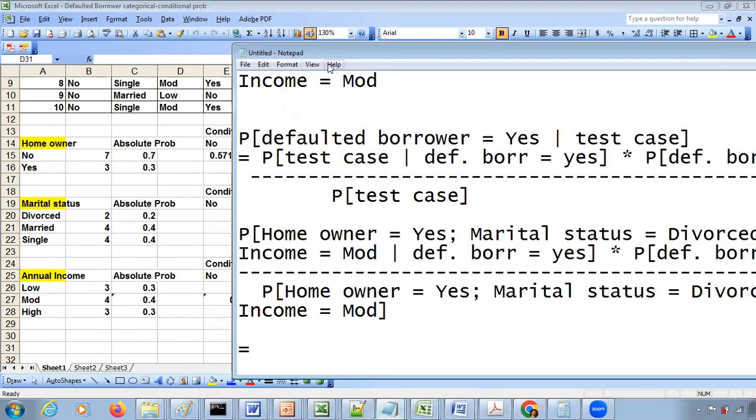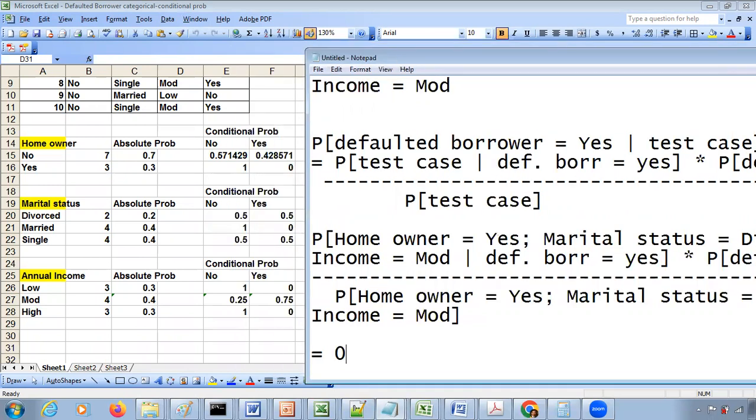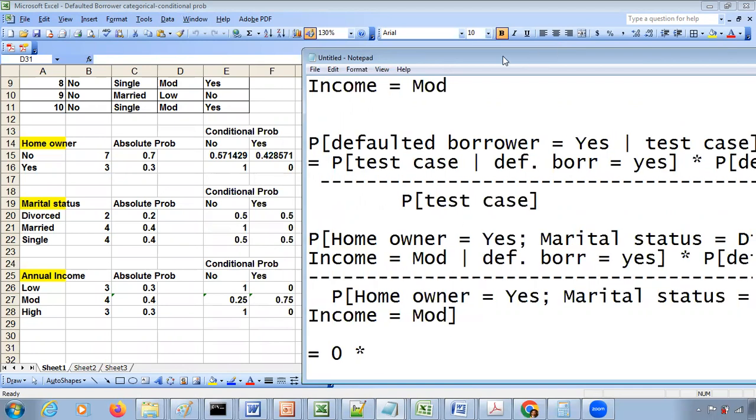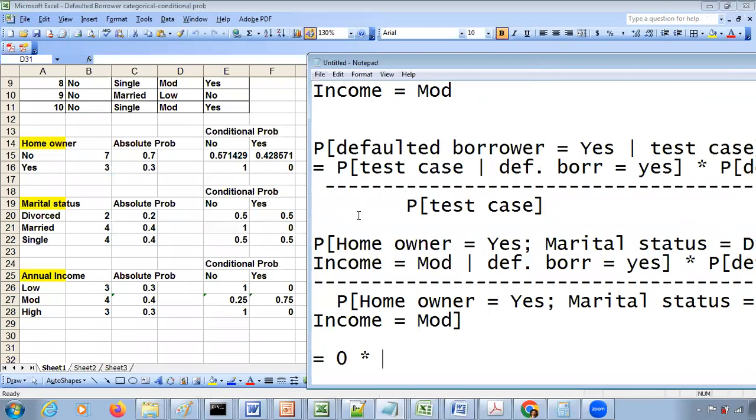Defaulted borrower yes, homeowner is yes. That's going to be 0. So right away we can know that this is going to be 0 overall. Marital status is divorced, defaulted borrower is yes, that's going to be 0.5.